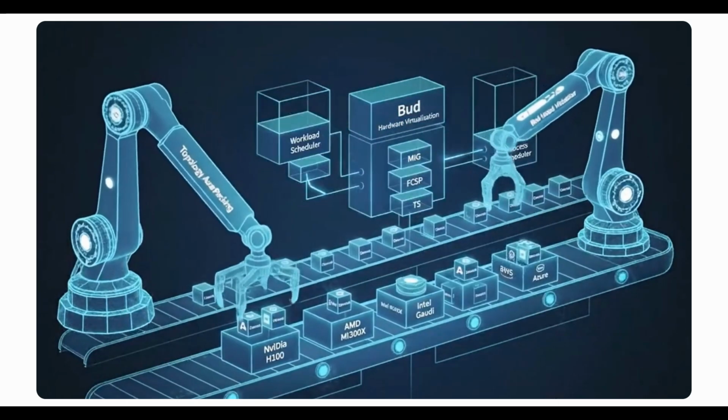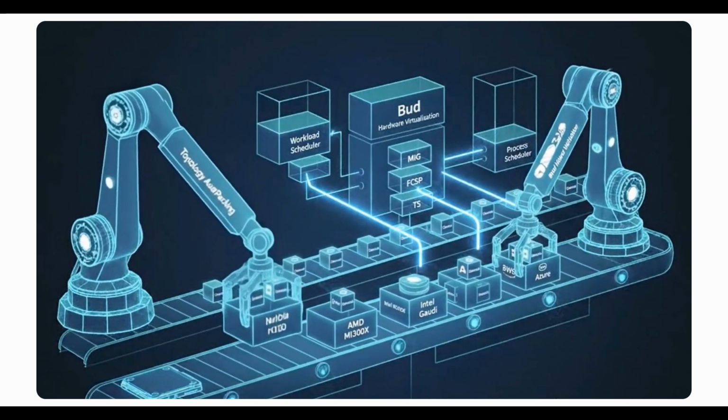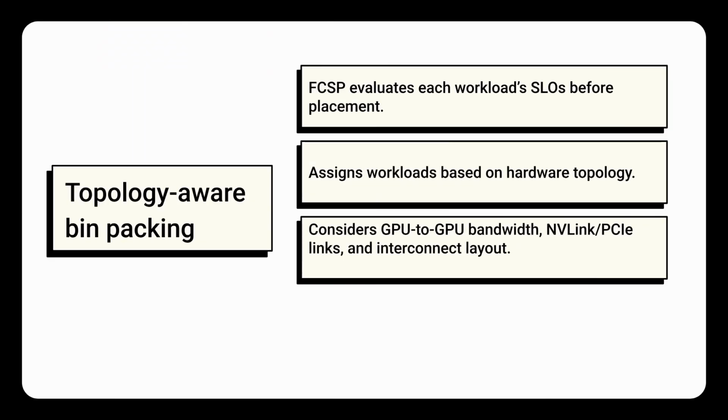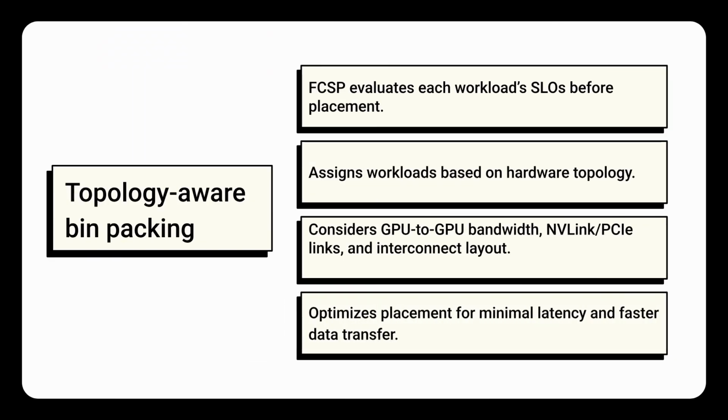In this mode, FCSP evaluates the SLOs of each workload and intelligently places them onto the available GPUs, not just based on free resources, but also based on the physical interconnect layout of your hardware. It considers things like GPU to GPU bandwidth, NVLink or PCIe connections, and other topology details that affect data transfer speed and latency.